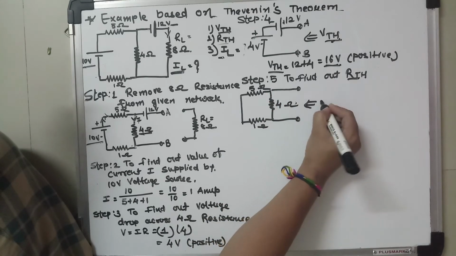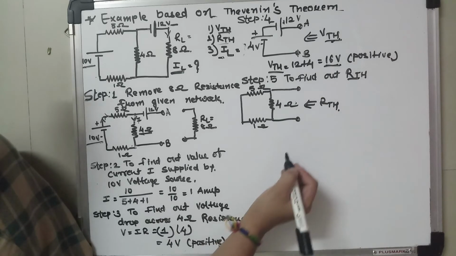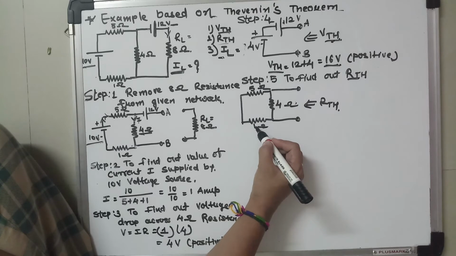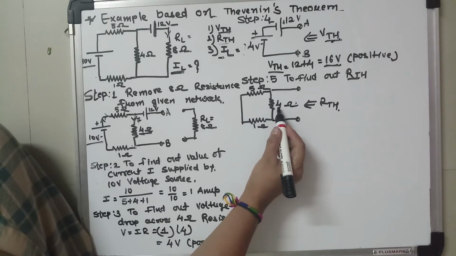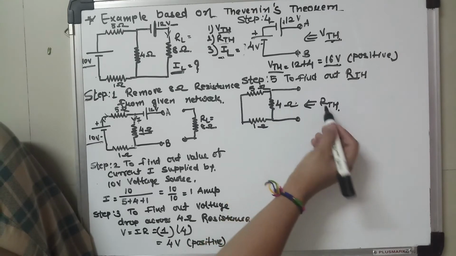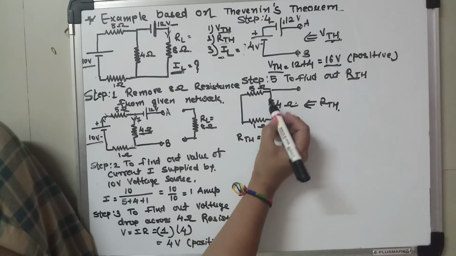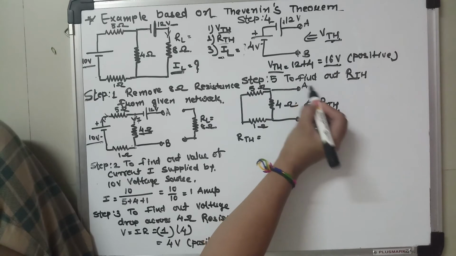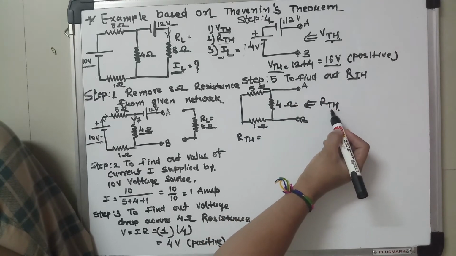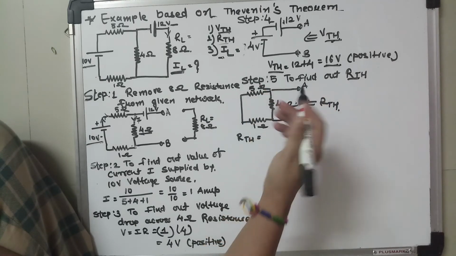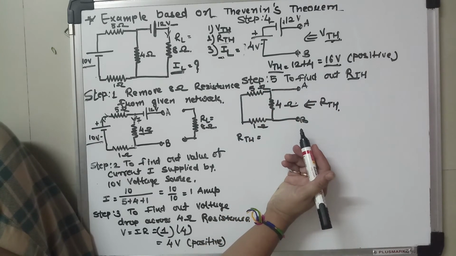Now here RTH. So now see, what is the RTH? So 5 plus 1 is 6, and 6 is parallel to the 4 ohm. Here you can say terminal A and B, RTH is the equivalent resistance. Now solve this circuit by using the series parallel resistance formula.